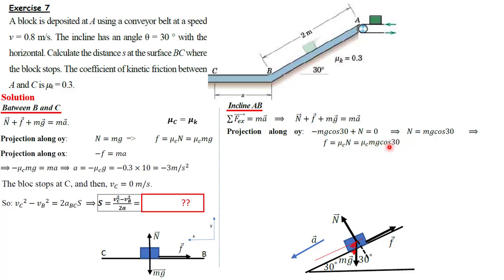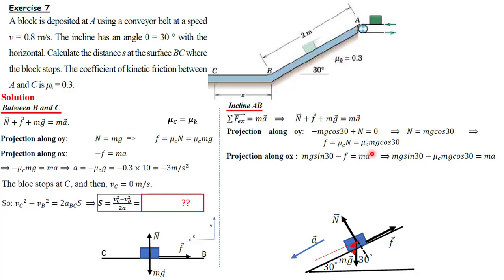This is equal to mu mg cosine 30. Now we have to make the projection along OX. The projection of n along OX is equal to 0. The projection of F along OX is equal to minus F. And finally, the projection of mg along x will give us plus mg cosine of 60, so plus mg sine of 30.